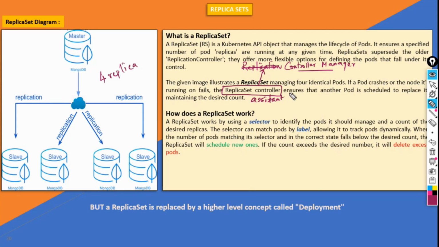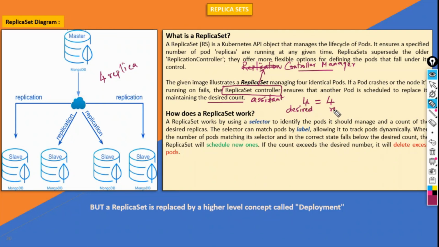That controller is another program called replica set, and the pod is scheduled to replace it, maintaining the desired count. So I wanted 4, I will always get 4.